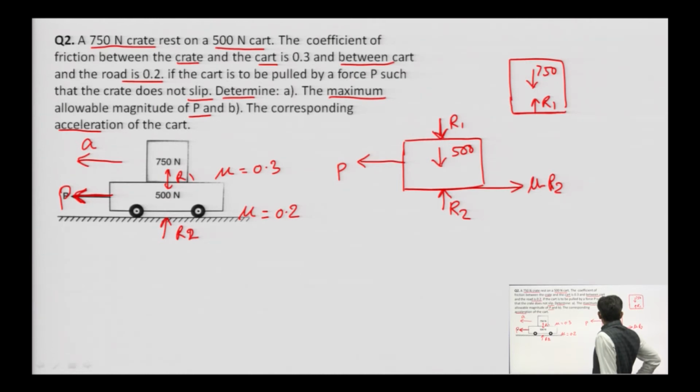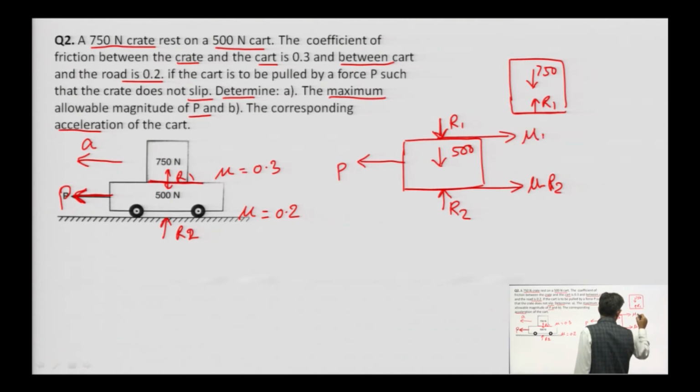And this one block is going in this direction, therefore at this contact surface we will have friction force for this one, since it is moving in this direction.